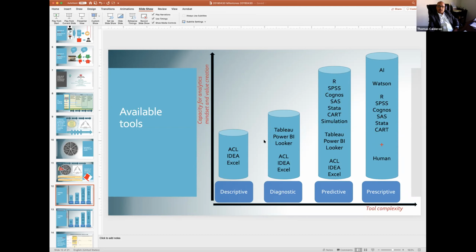So this is a set of tools that are available, and several of those tools, for example, ACL, IDEA, Excel, Tableau, Power BI, a lot of these tools are currently being used by accountants.